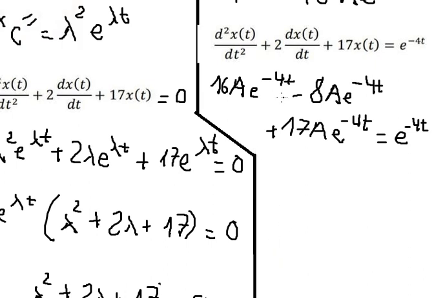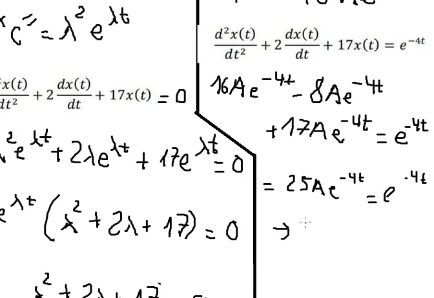Next, we simplify: 16 minus 8 plus 17 equals 25, so 25A e to the power of negative 4t. But the coefficient on the right side is 1.